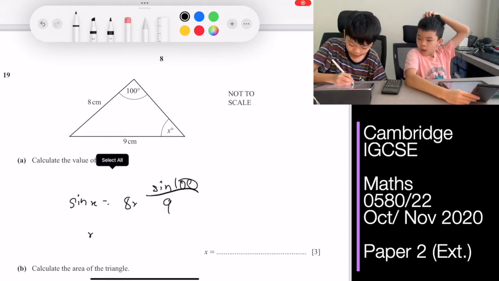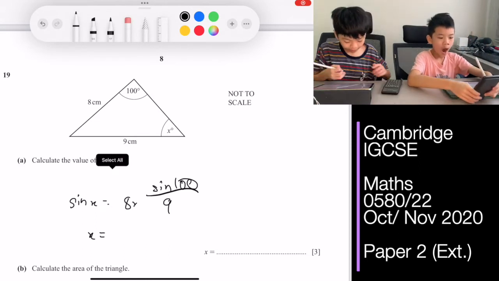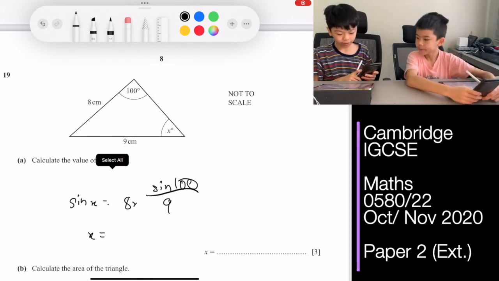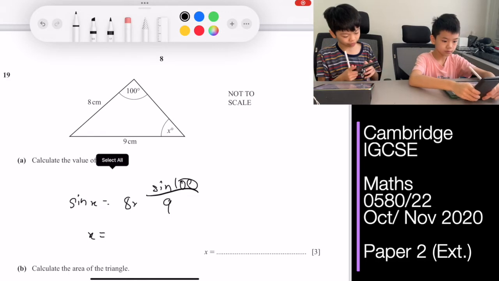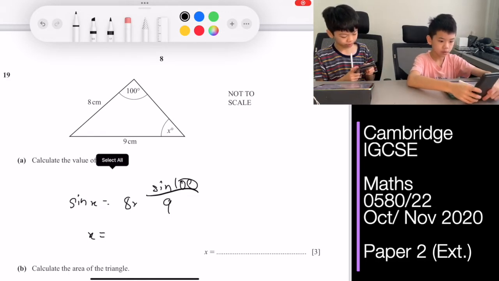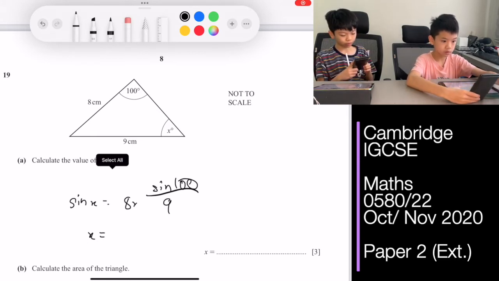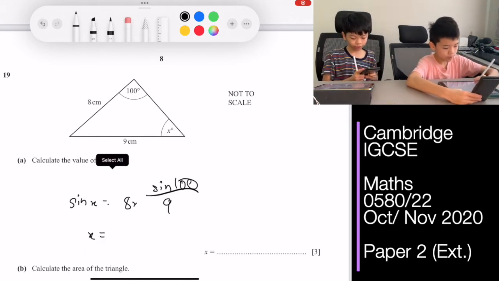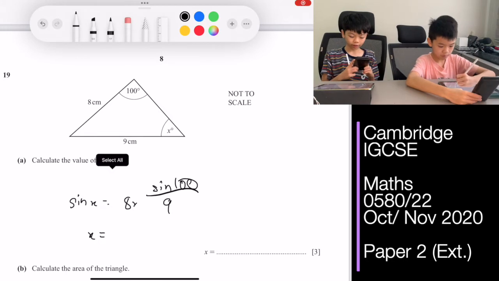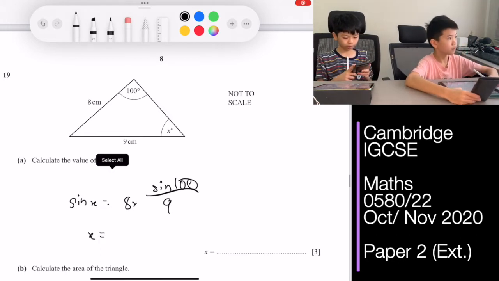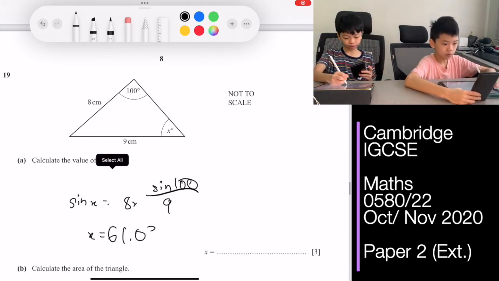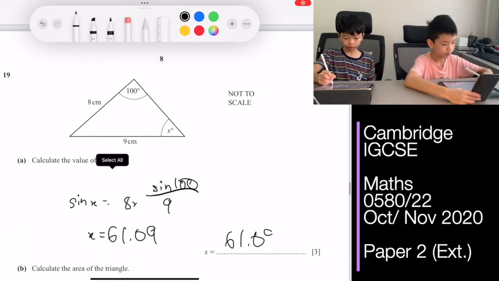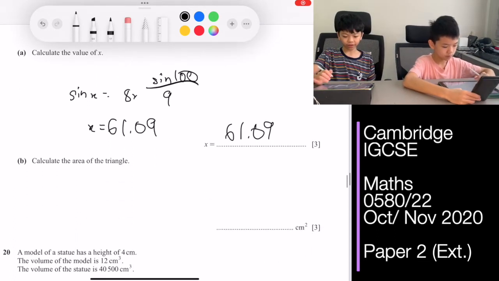And then by using arc sine, we can find x. 8 multiplied by sine 100 over 9, arc sine, is 61.09. Okay, done.